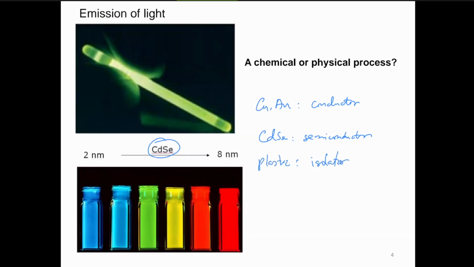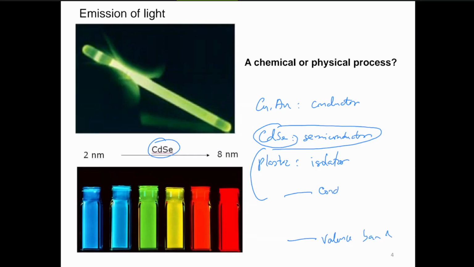So semiconductor means it conducts, but with a low conductivity. And the reason that you have a semiconductor with a low conductivity is because you have a band gap. So you have the ground state, we call the valence band, and the excited state, we call the conduction band.